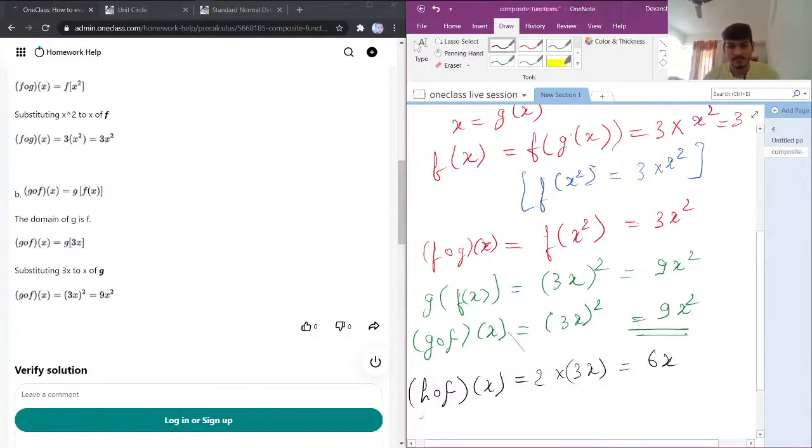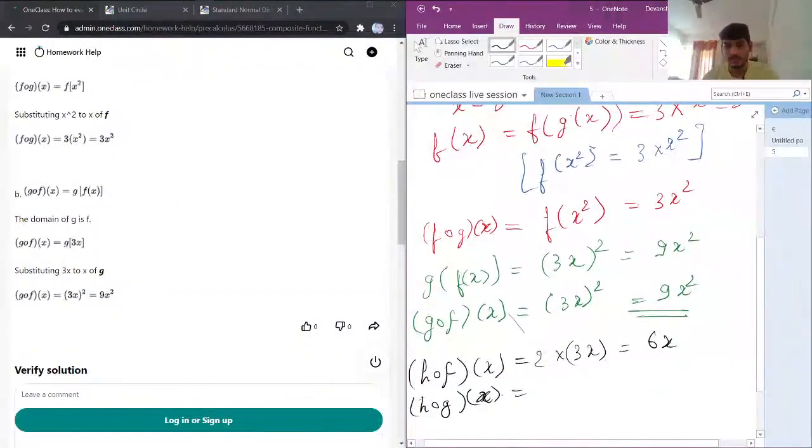Similarly, my h of g of x equals, g was x square, so it will be 2 into x square, 2x square.